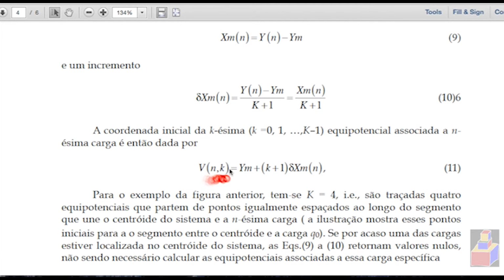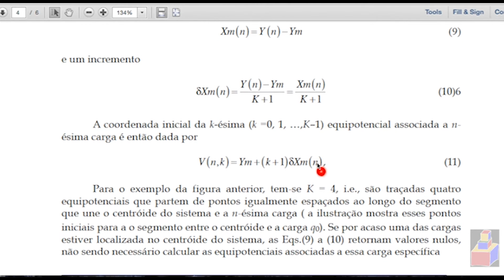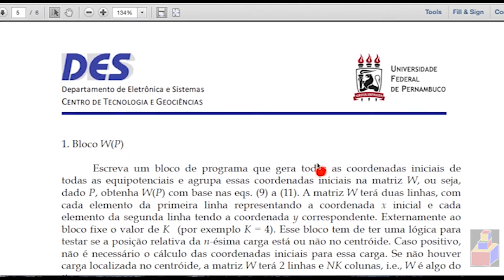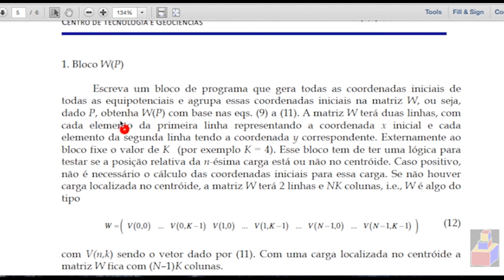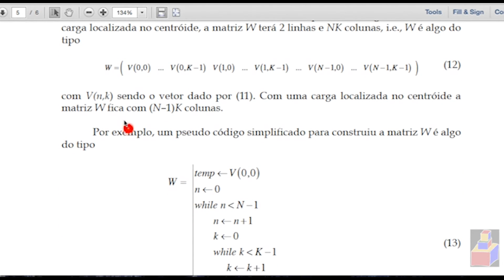You have all these vectors here, then you put them together and you find the parameter W, which is this one. So W is going to be the first coordinate of the equipotential associated to the first charge, etc., up to the K minus 1 interval.